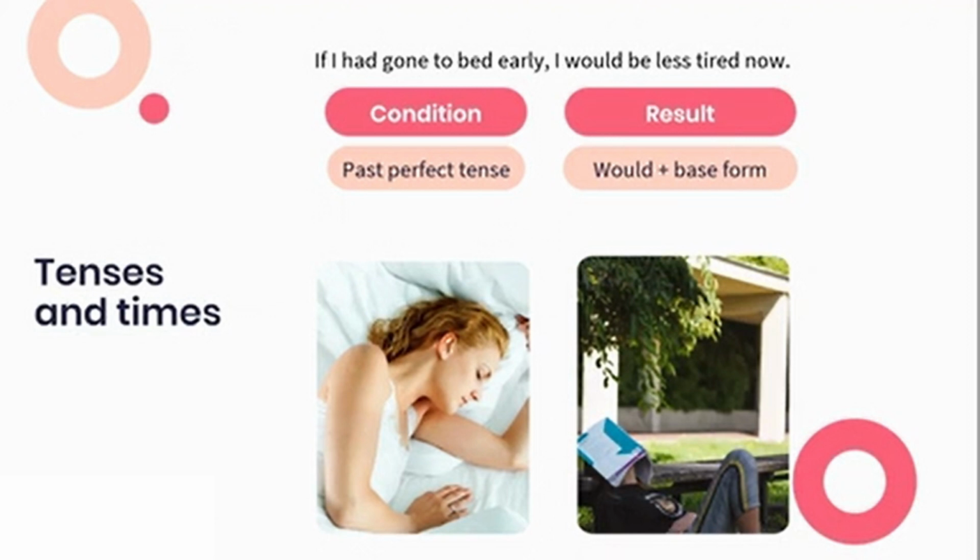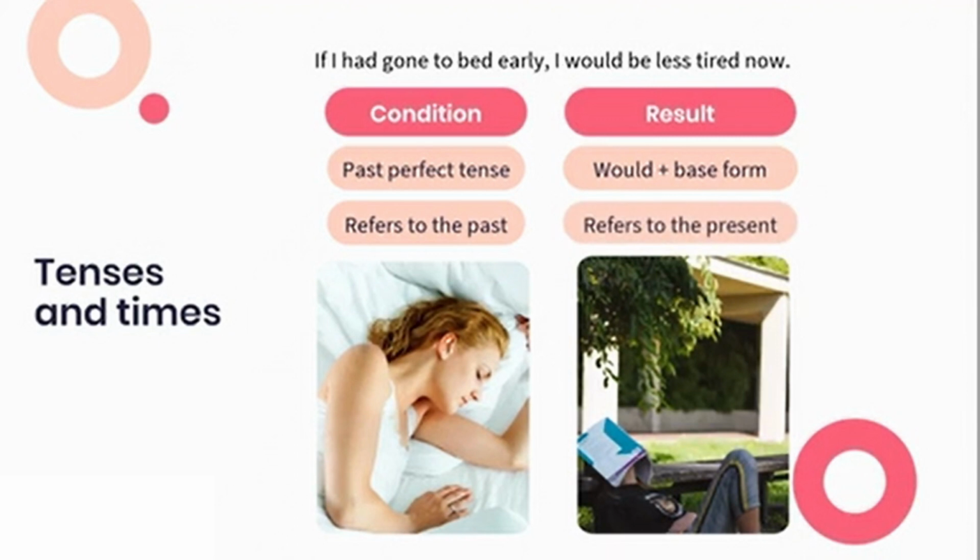So, to what time does the condition refer? It refers to the past. The hypothetical event of going to bed early would have happened in the past. But the result, on the other hand, refers to the present. I am tired now, and I wish I had gone to bed early last night.